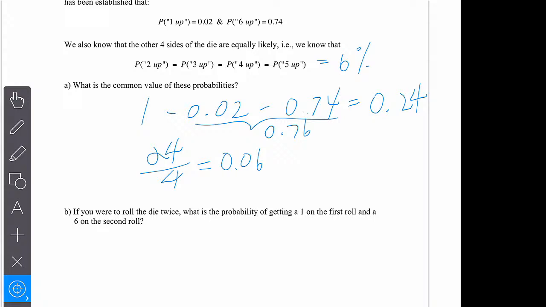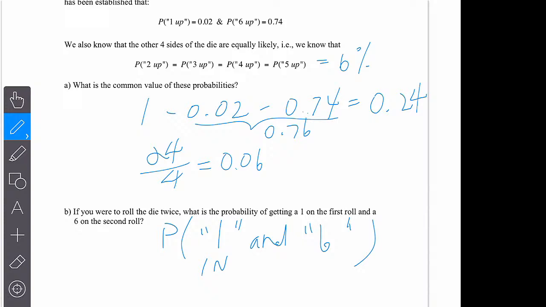So it means the probability would be the probability of 1 and the probability of a 6. Now because it's sequential, on the first and the second roll, and the rolls are independent, this is how I figured it out.